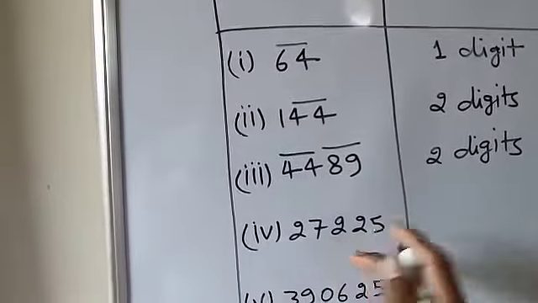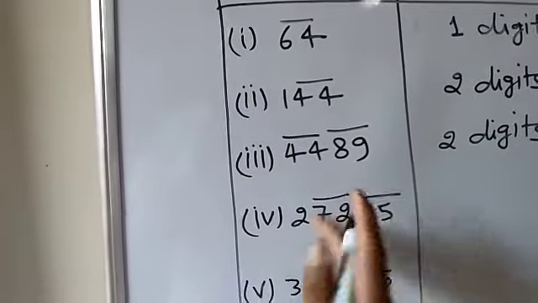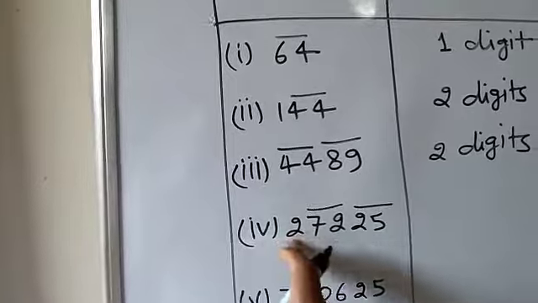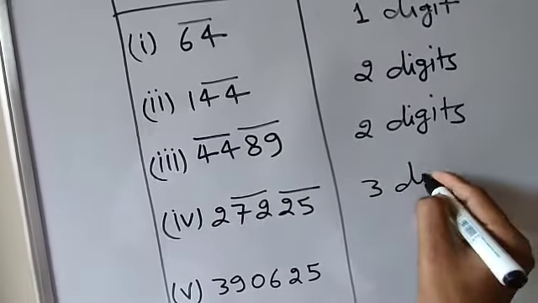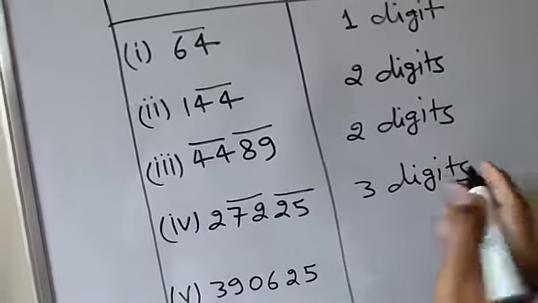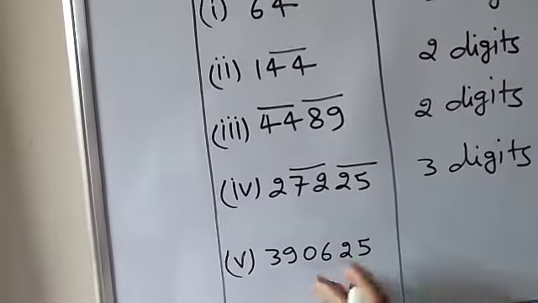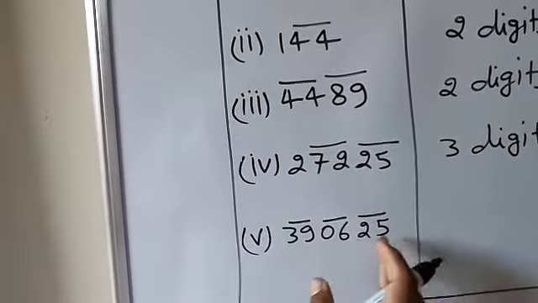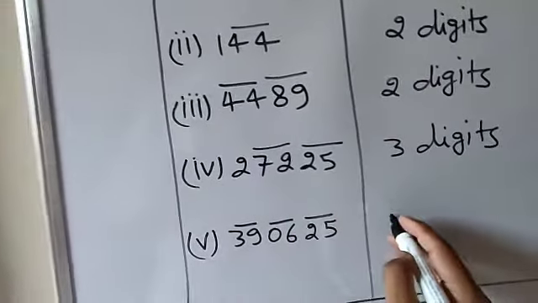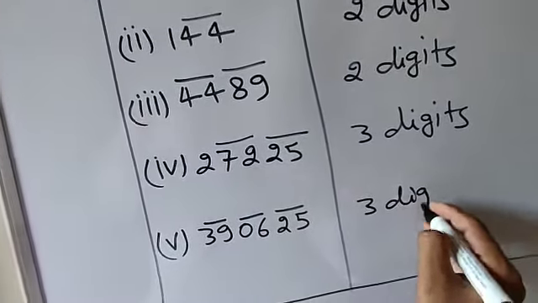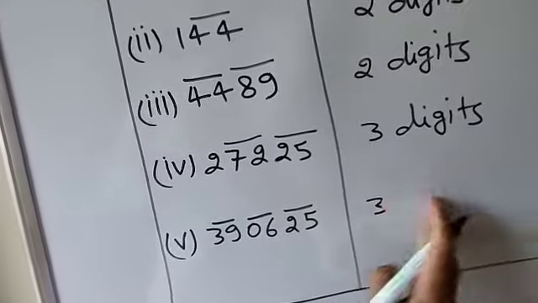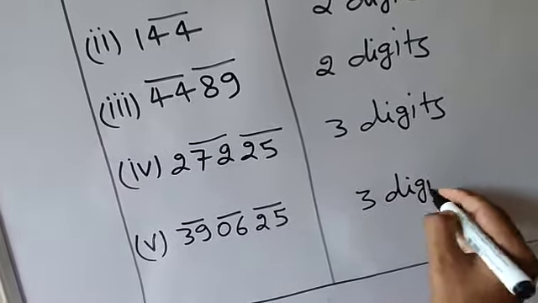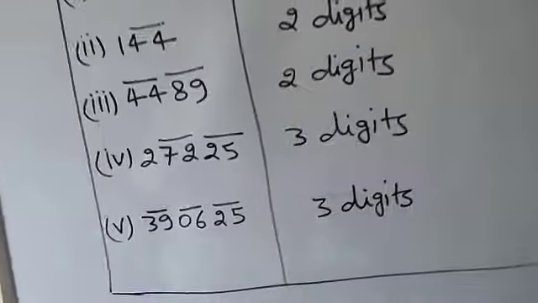Now make the pairing 1, 2, and whatever number is unpaired will also be counted. So 1, 2, 3. So how many digits will be there? 3 digits in the square root of that number. Here is another number, all the numbers are in pairs, so how many pairs are there? 1, 2, 3. So there will be a total of 3 digits in the square root of that number.